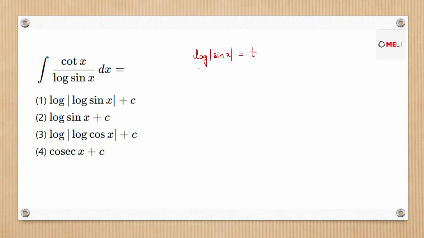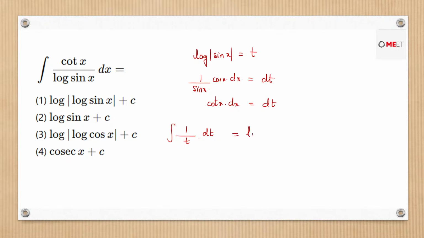So differentiation of this is 1 by sine x, derivative of sine is cos, into dx is equal to dt. Cot x dx is equal to dt, and this becomes integral 1 by t times of dt.